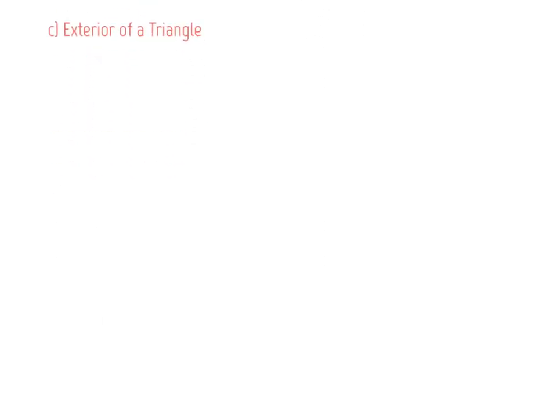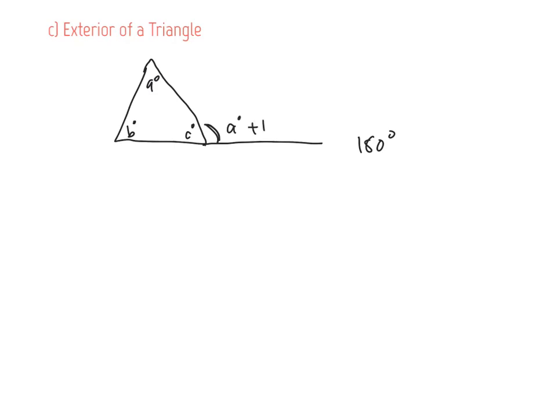Let's have a look at the exterior of a triangle. Now the exterior of a triangle, let's draw a triangle over here, and this is a straight line, 180 degrees. Let's have A degrees, B degrees, and C degrees. So the rule says that the exterior is the opposite two angles, so A degrees plus B degrees.